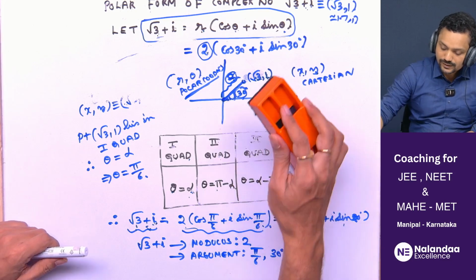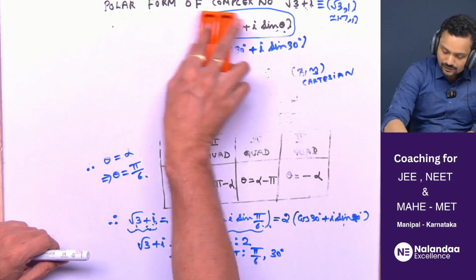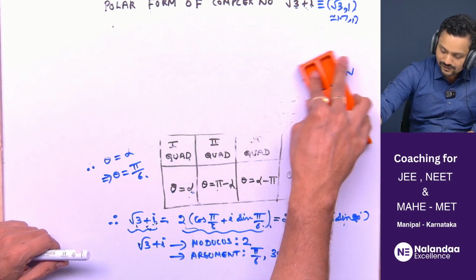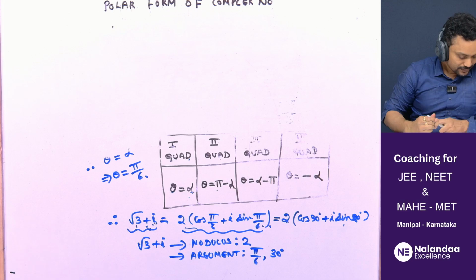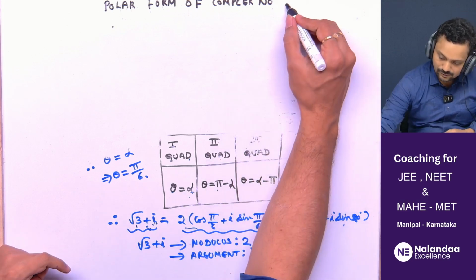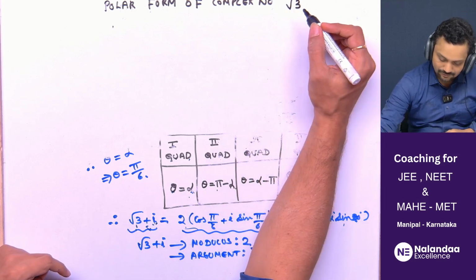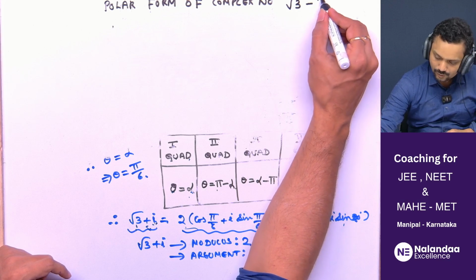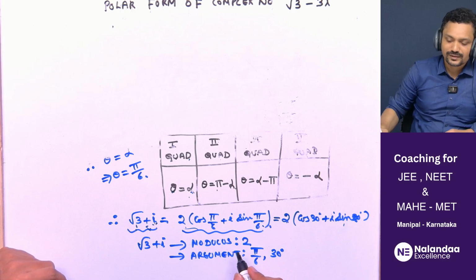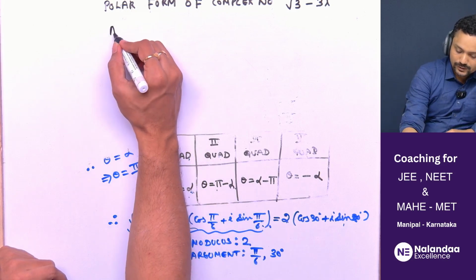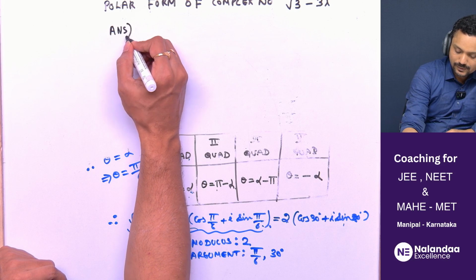Okay, so now students, I will take up another one or two questions and quickly find the polar form of some numbers. Let me find the polar form of this number, root 3 minus 3i. Let me do this systematically, step by step.